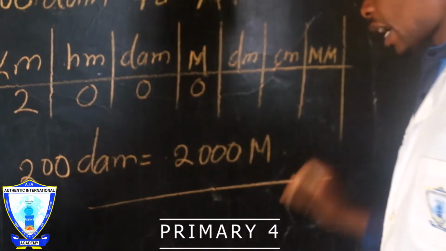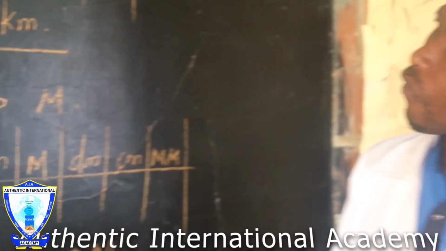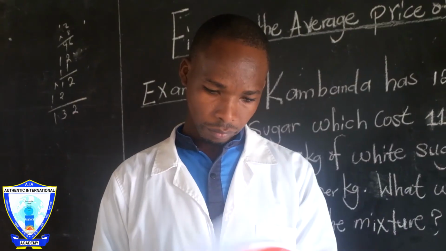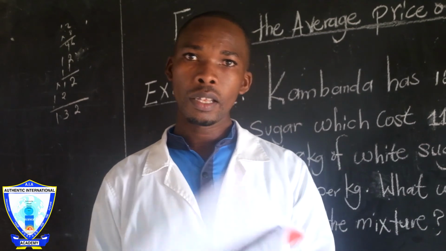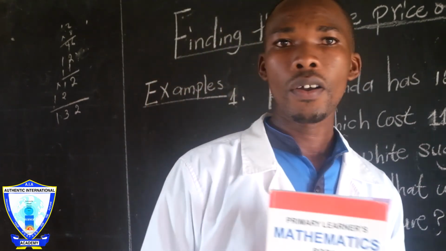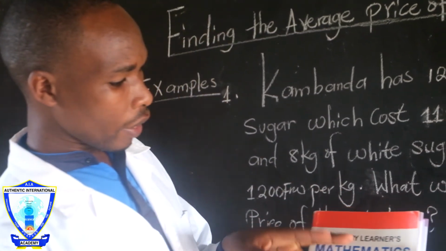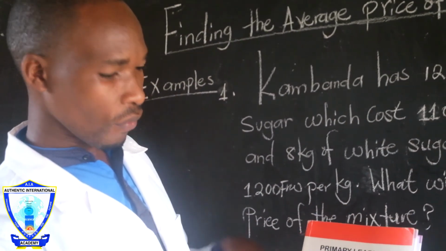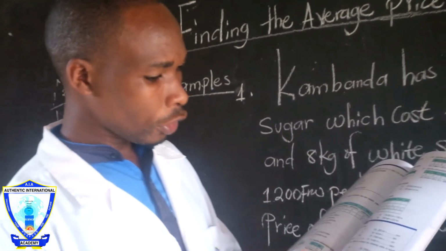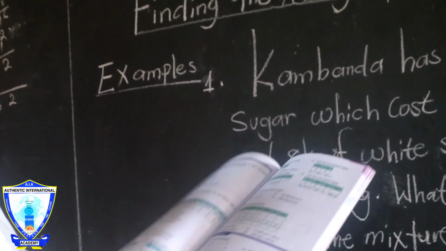This marks the end of our lesson. Before I give you exercise, those who have the Primary Learners Mathematics Book 5, open on page 81.